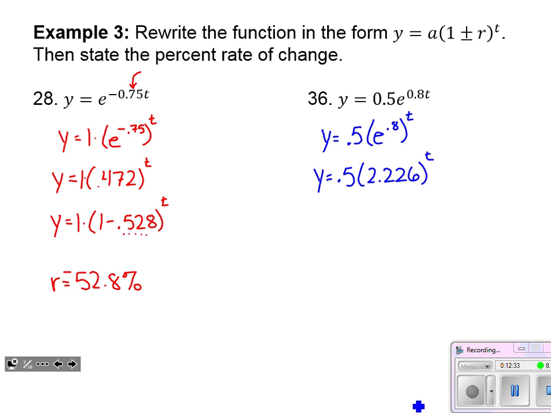And if I wanted to express it as 1 plus or minus something inside, that would be 1 plus 1.226. Clearly, this is showing us growth because we're adding on to 1. We are above 100% growth rate here. Our r value is going to be 122.6% for the growth rate. And again, we could tell that by looking at our exponent. It's positive, so we know it's going to show exponential growth.